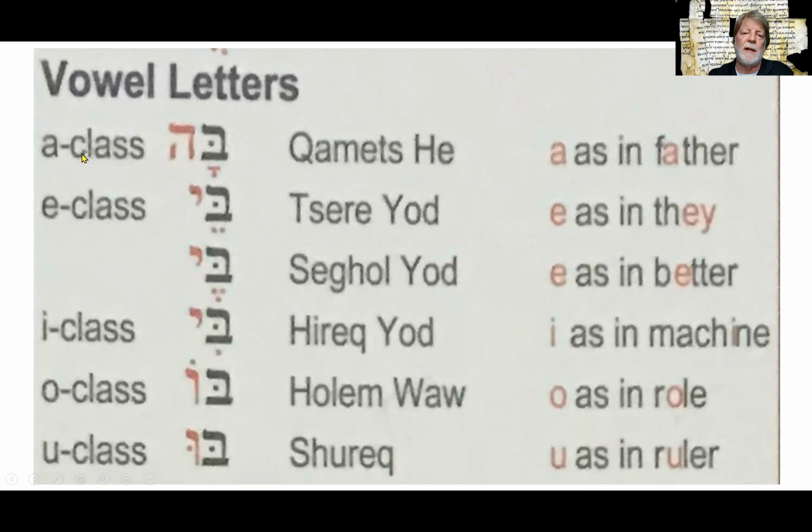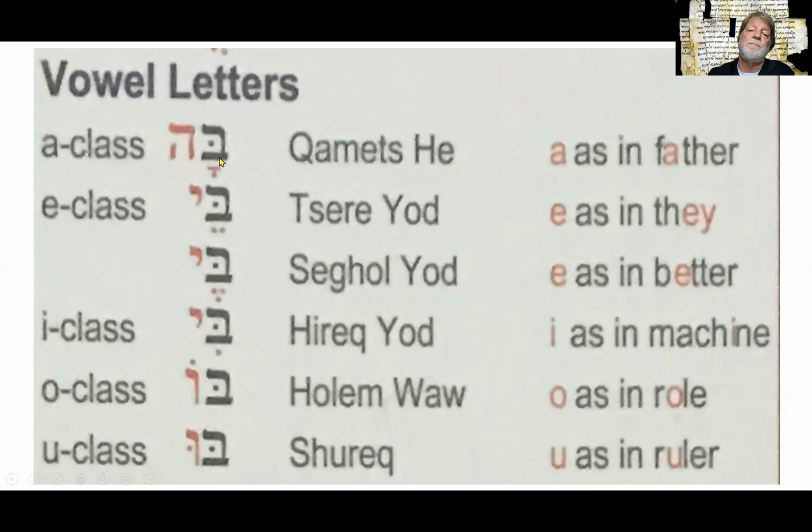So let's look at the vowel letters with a consonant which is included as a part of the vowel. Remember, I said that one of the characteristics of Hebrew words is that a consonant can be inserted in the middle of a word following a consonant in order to augment that vowel.